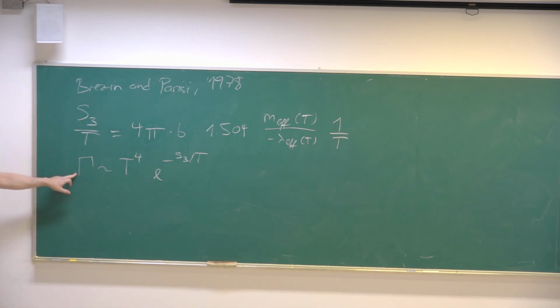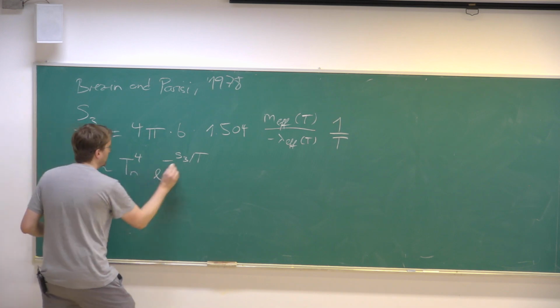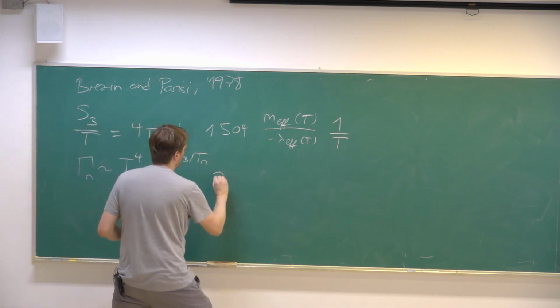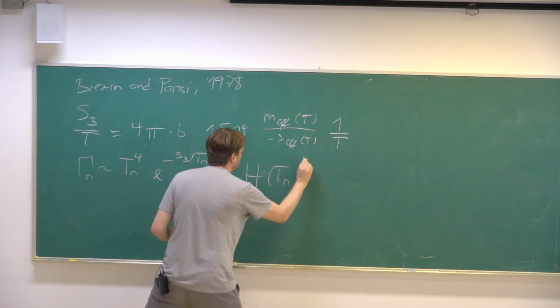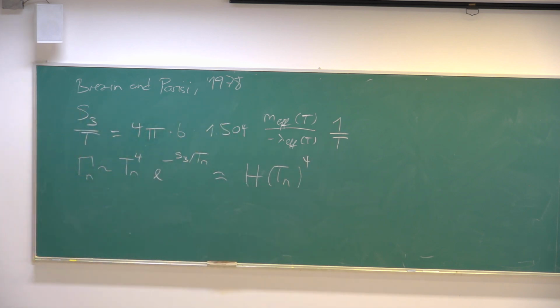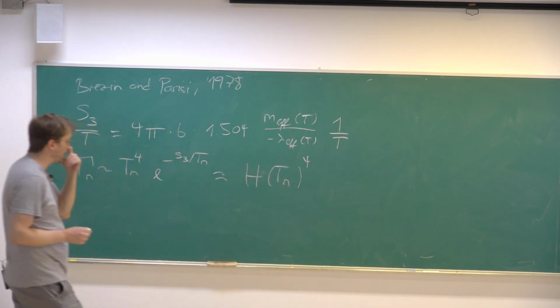And for the phase transition to start, that's a definition of Tn. So at Tn, this is roughly equal to the Hubble rate, which is Tn to the 4th power. Okay, so now we know this side, so we still have to determine this side here.